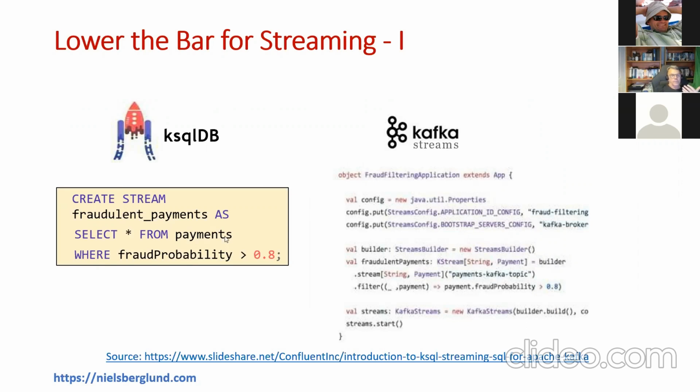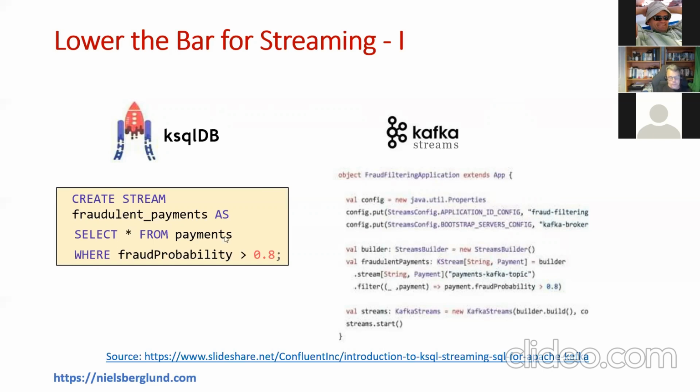Now in ksqlDB, if I want to know if this is probable fraud, I'm creating a stream where I'm selecting from a payments topic where fraud probability is greater than 0.8. Right? SQL, easy peasy.